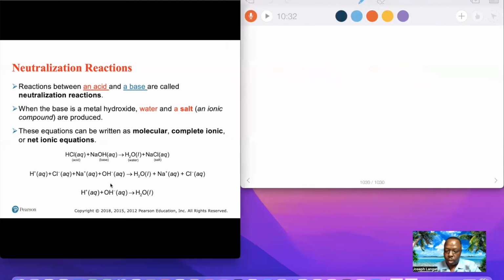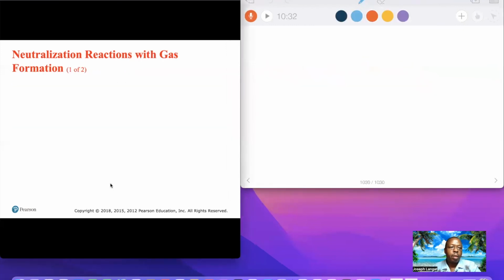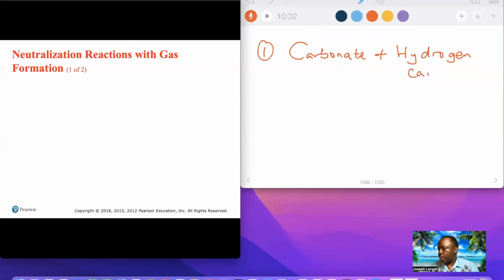Moving forward, the last thing I want to look at is the neutralization reaction which involves the formation of gas. In this case, there are carbonates, an acid with carbonates, plus hydrogen carbonate.